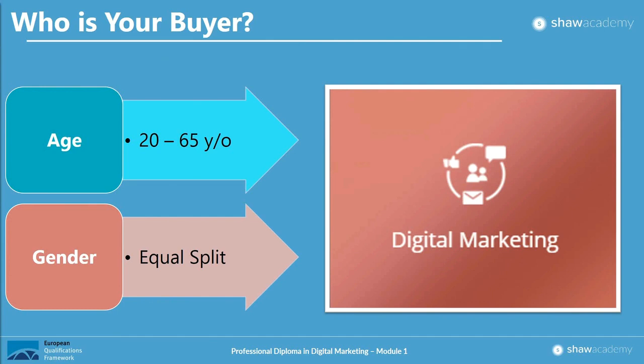So to give you guys a bit of an example for the digital marketing course, we know that our buyers, which would include some of you guys, are between the ages of 20 all the way up to 65, and they're split almost equally between male and female. It's a nice specific audience, don't you think? So how exactly do we know this sort of thing?